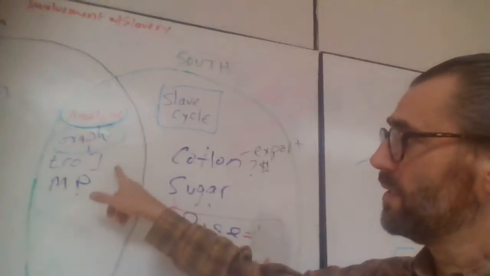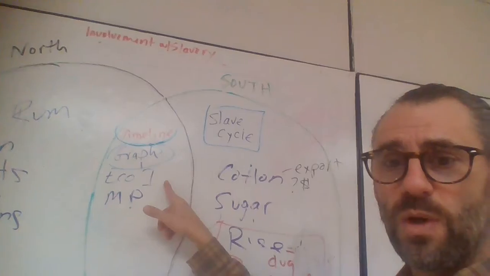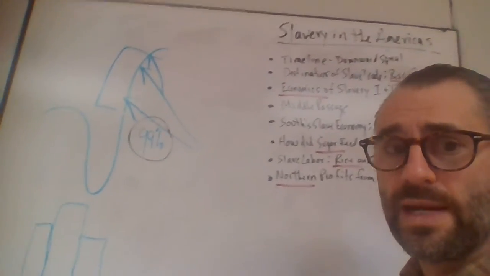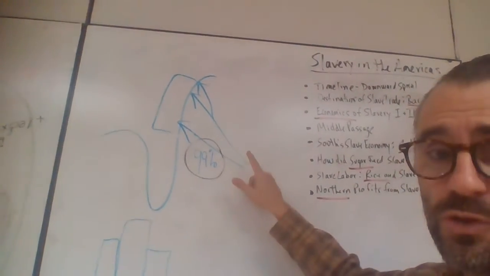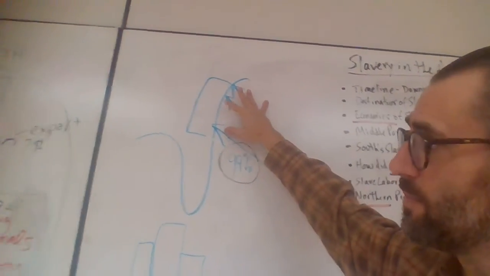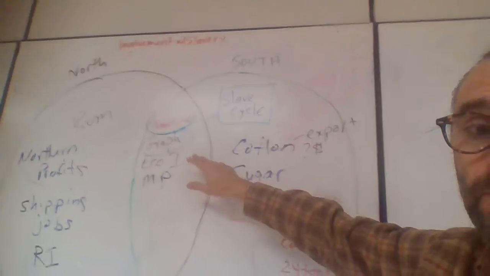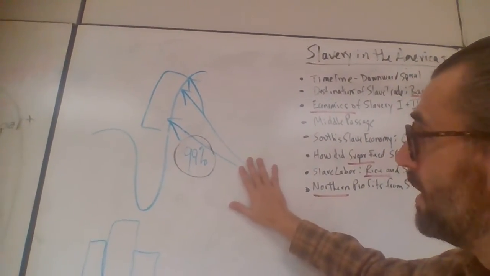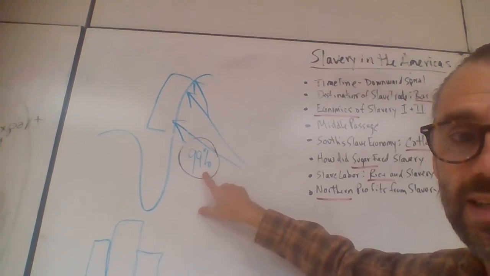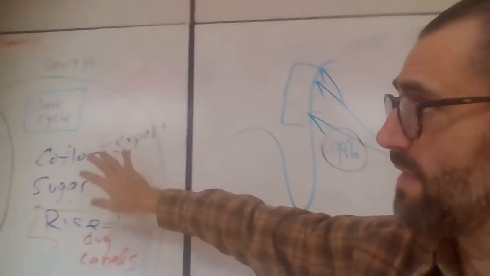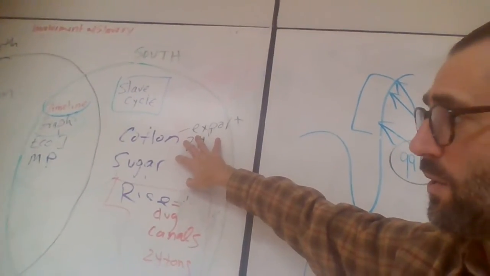Following that up, we had Economics of Slavery 1 and 2, which identified the wealth derived from certain products and where the slaves went. One of the maps that you created identified slaves going to all of the regions. That's why this appears over here. But the statistics that we placed on the map eventually showed 99% of the slaves going to the southern region. So because of that, we would put that in this category.